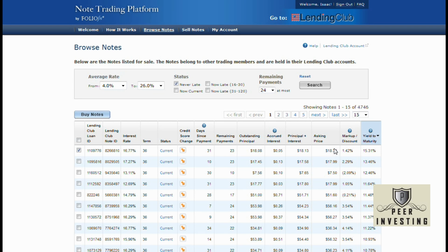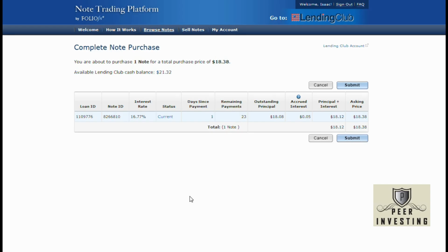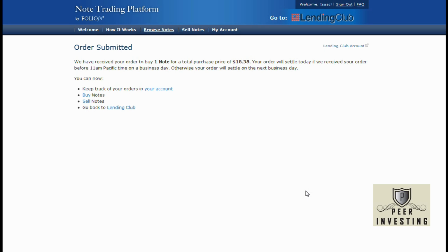and just go ahead and buy that note, and it'll show us here we have 21.32, so we'll just go ahead and submit that, and that takes care of that. So obviously I'm not investing 100% of my cash balance, but as I start to, well, essentially take that cash balance and reinvest in more notes, my payments will increase.